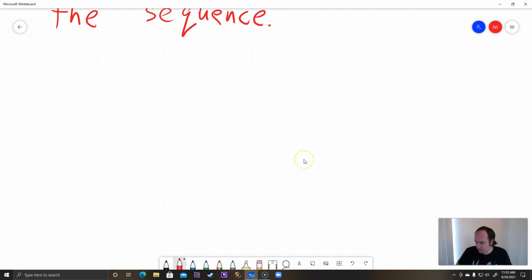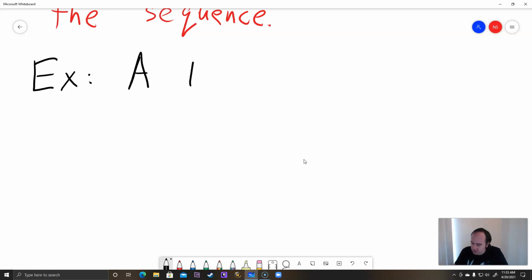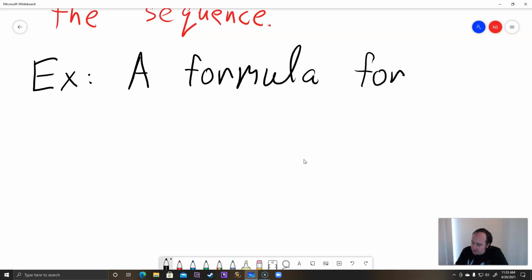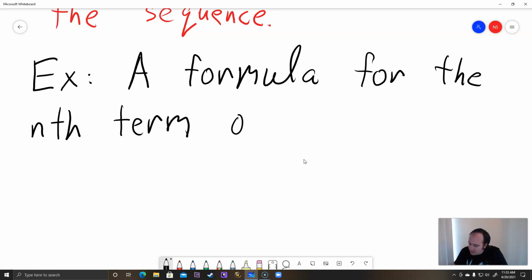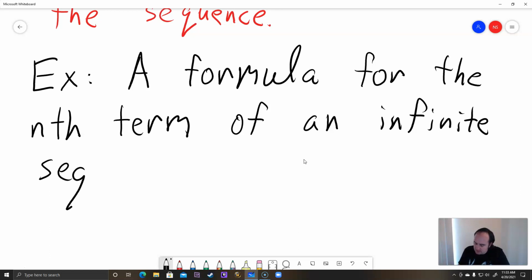Okay, so example, we're going to have a bunch of different types of examples in this section. And in our first example, they say a formula for the nth term of an infinite sequence {a sub n}.